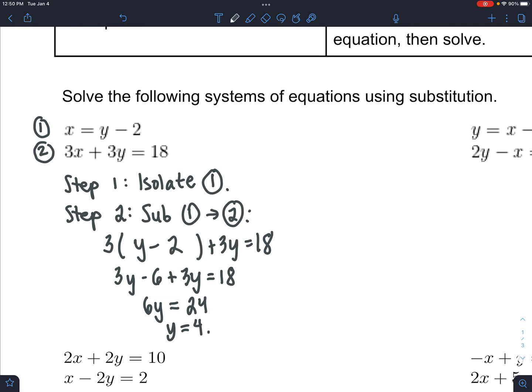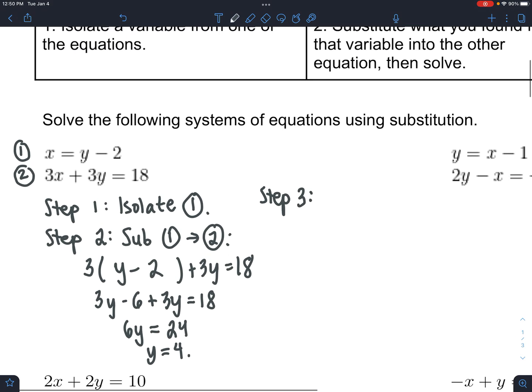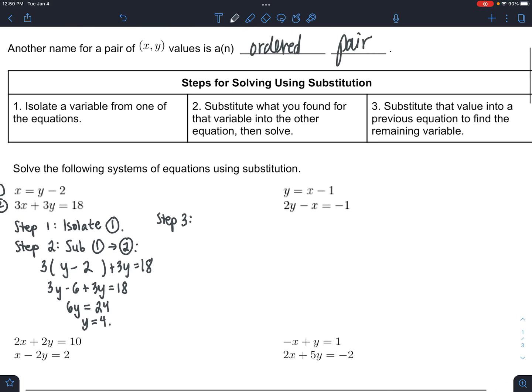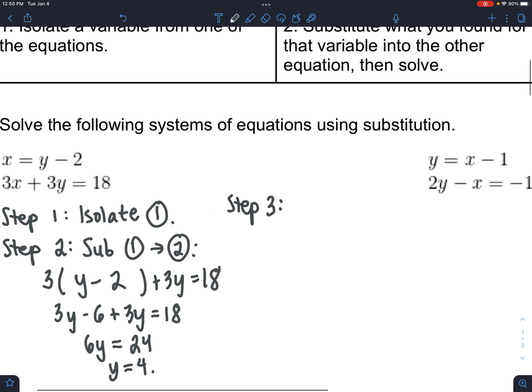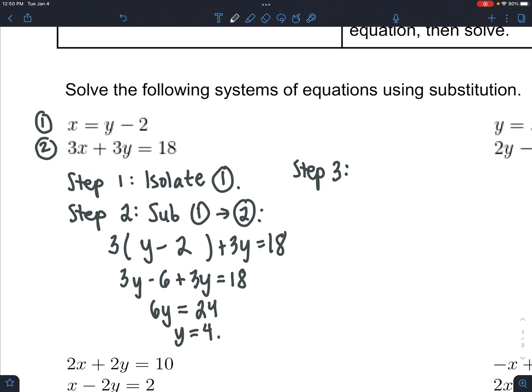Okay, so the last step, which I think is sometimes the easier step, says substitute the value into the previous equation to find the remaining variable. So I just pick the one we started with, which was 1.